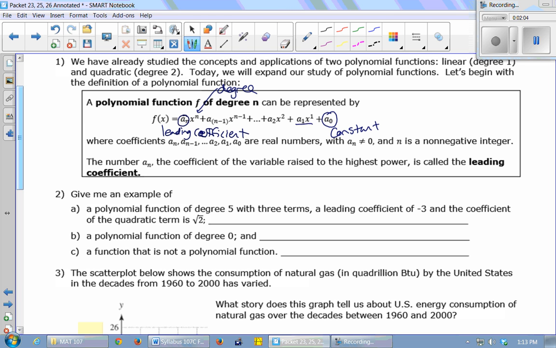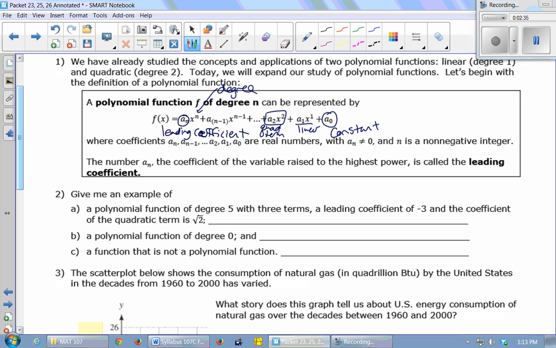This guy is called the linear term, the one that has plain old x to the first. And this guy is called the quadratic term because it's got an x squared. And then the cubic term would be the term that has a cube in it. The term that has the highest degree together with the leading coefficient, we call that the leading term.